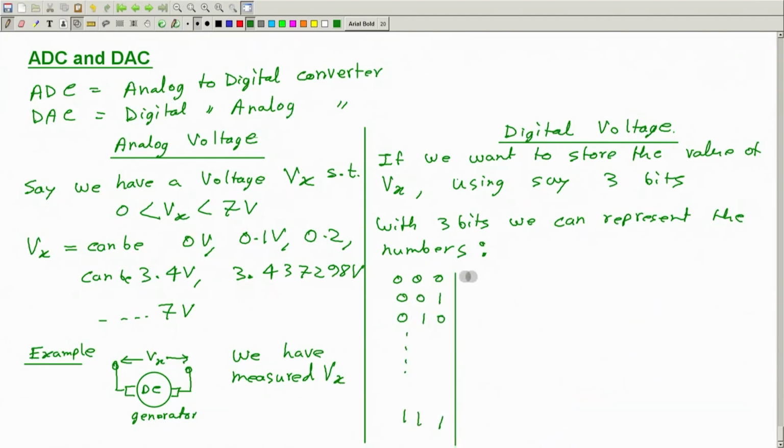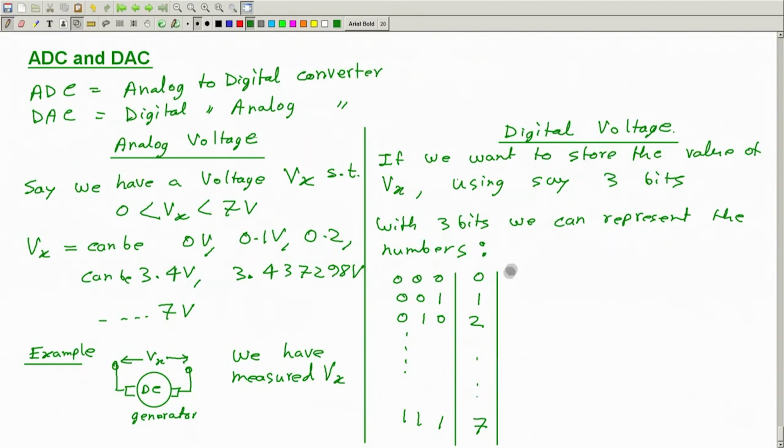This is the same as decimal 0, decimal 1, decimal 2, and this is decimal 7. So these are the 8 numbers that we can represent using 3 bits.